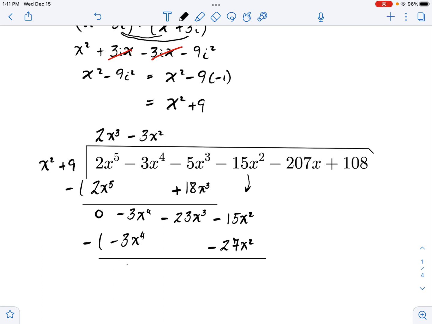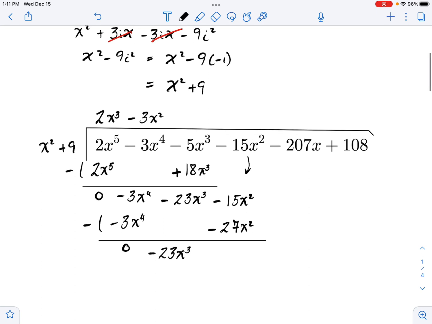I will subtract, I will get here a 0. I have negative 23x cubed, subtract 0, so it's just negative 23x cubed. And I have negative 15x squared minus negative 27x squared. That's a double negative, that's a positive, so that is minus 15 plus 27, which is positive 12x squared.